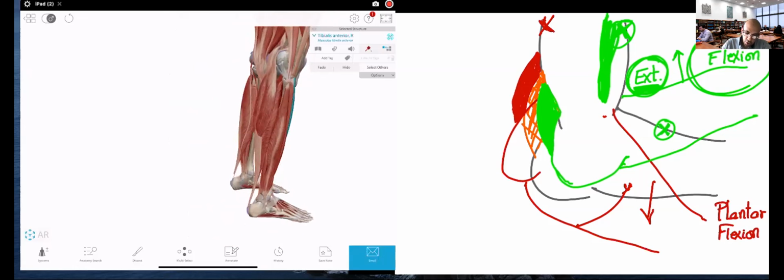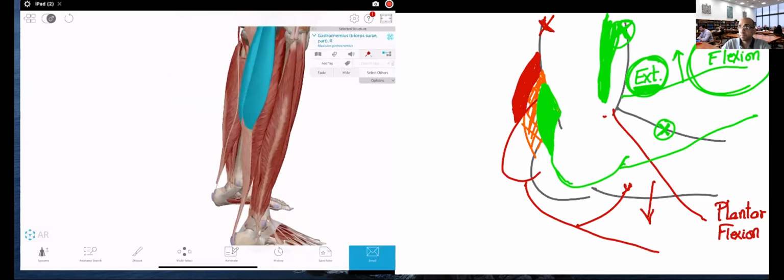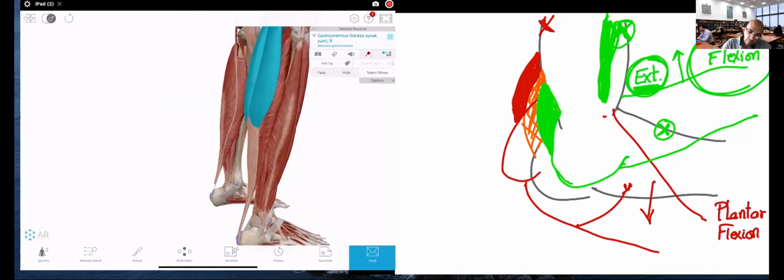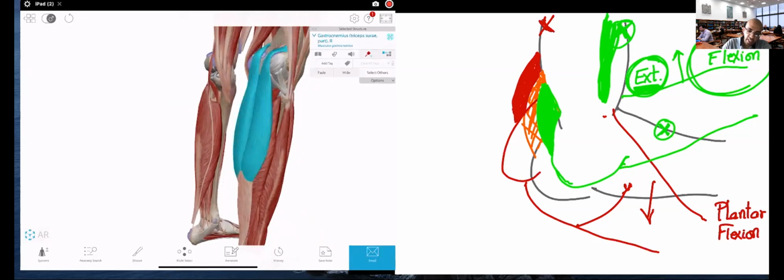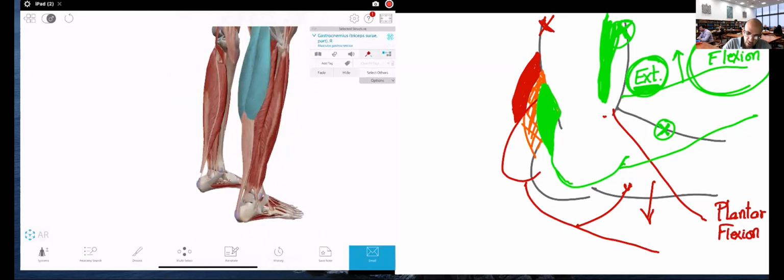Looking here at the posterior aspect of the leg, we're going to have a large muscle. This is my gastrocnemius, and if you see on here, the gastrocnemius is traveling behind both the knee joint and the ankle joint.